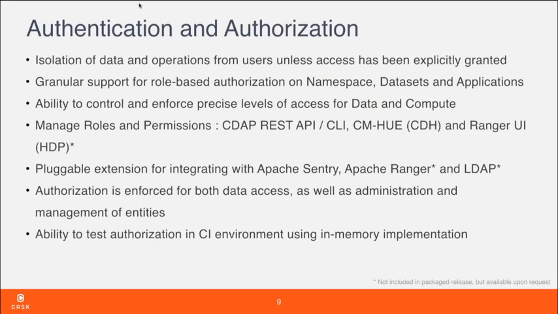So you can think of different data sets and applications and namespaces. You can provide more granular role-based authorization on top of that. Now you can control and enforce precise levels of access for the data sets, as well as the applications and the programs that actually interact with those data sets.